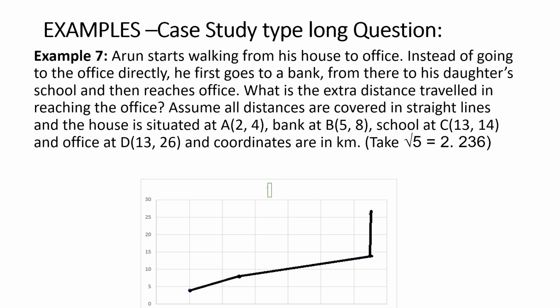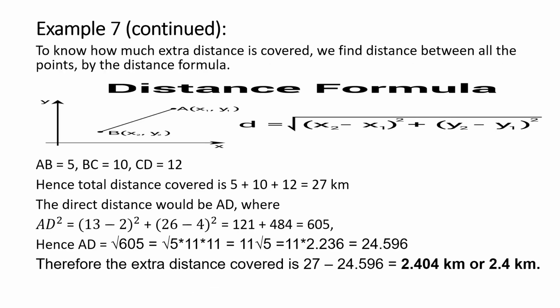So suppose the first point is his house, then from house he goes to bank and from there to daughter's school and then reaches office. So you have 4 points over here. Now to find how much extra distance is covered, we will find the distance between all the pairs of points. Over here we know the distance formula.